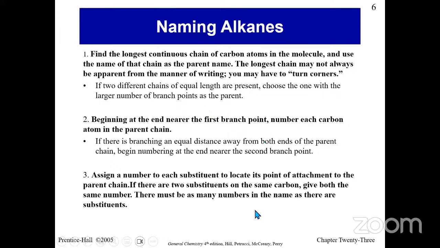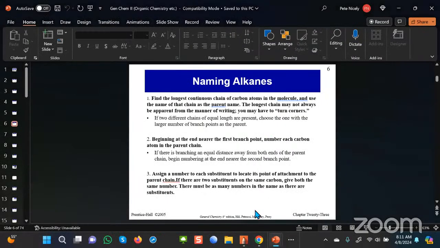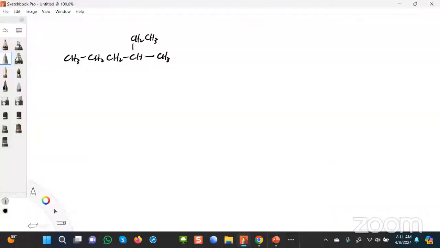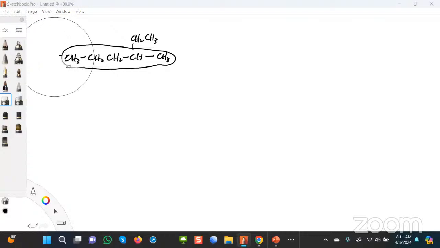Okay, so I was about to get into one example, and the example is this right here. So let's find the longest chain. Now, you might be tempted, and to be perfectly frank, I wouldn't blame you, to think that this is the longest chain of carbon atoms that you can identify in a molecule. But that would not be correct, right? Because in actual fact, let me erase this here.